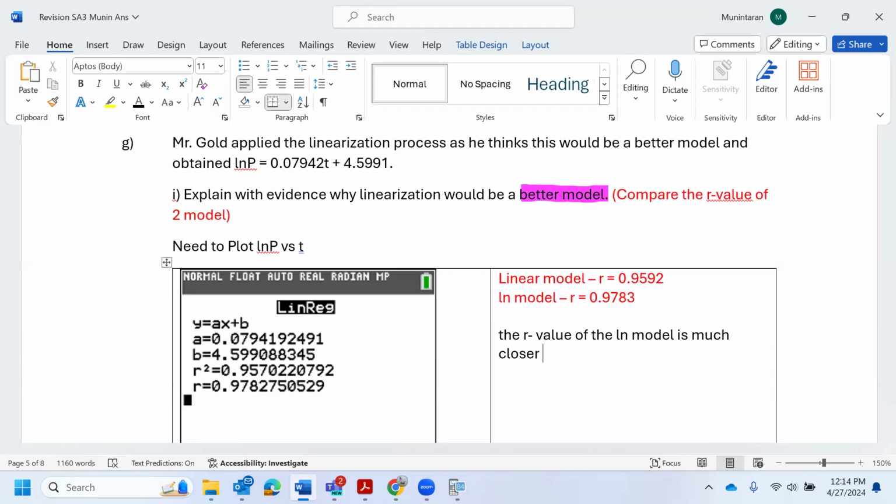Or you can say it's greater than the linear model, closer to 1 compared to the linear model. R value of the exponential model compared to R value of the linear model.